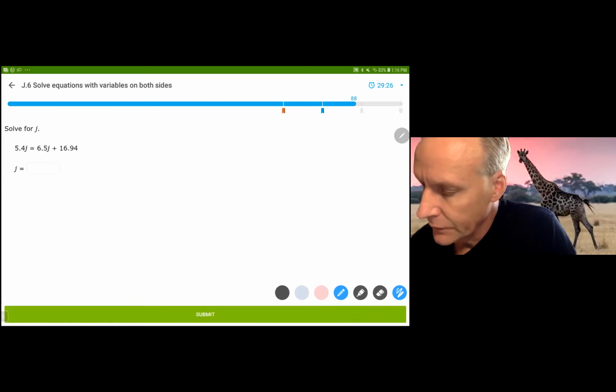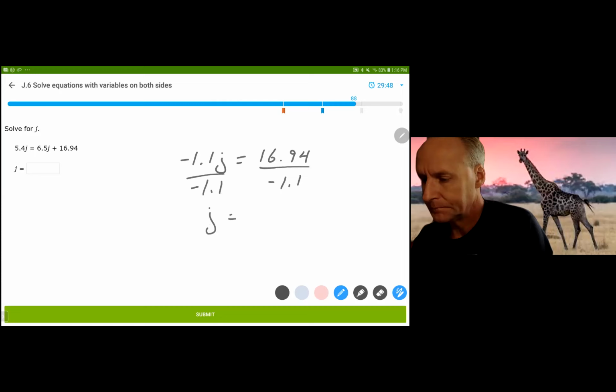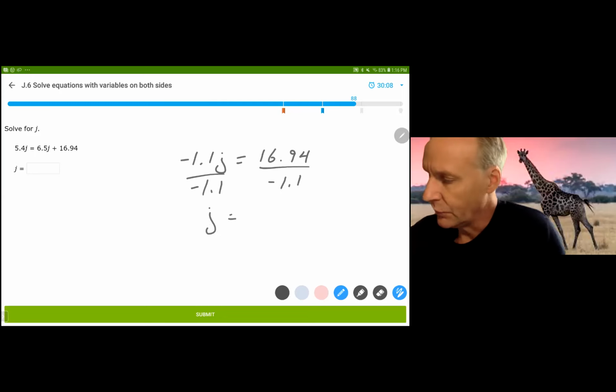In this one, we're going to subtract the 6.5j from both sides, which is going to give us negative 1.1j, I believe, is equal to 16.94 divided by negative 1.1. 15.4.